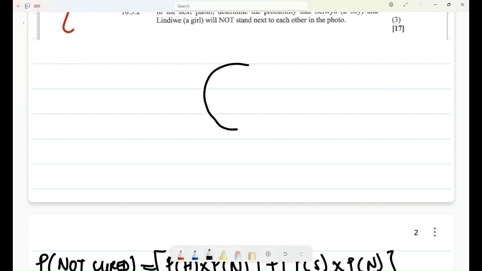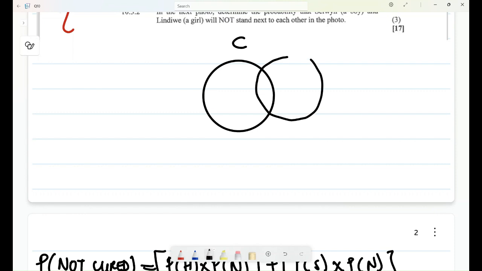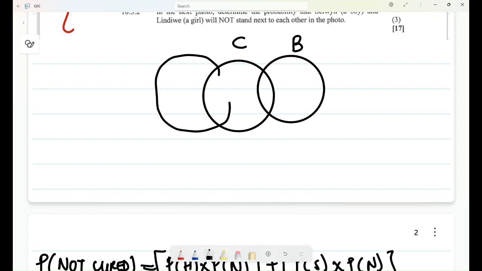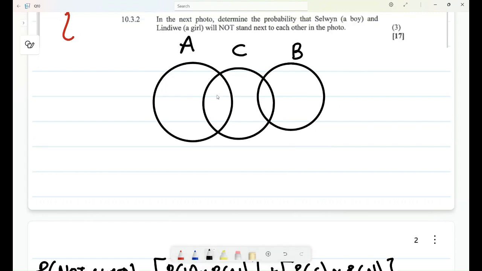I mean now C should be at the center thereof, because it intersects with both A and B. This is what is happening.